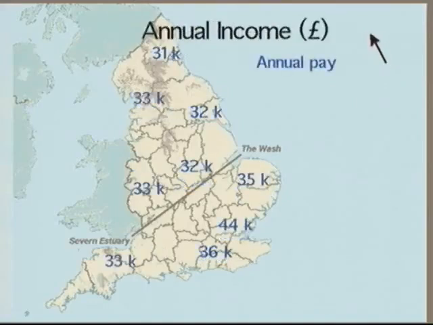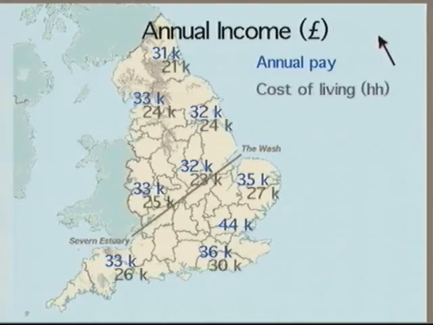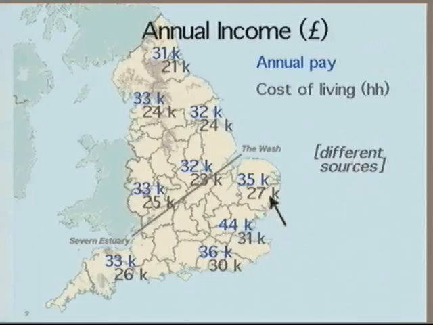So instead of just annual pay, we take into account things like the cost of living per household. Now, note these are different from different sources. This is per household. But if we look at the cost of living, by the way, I think takes into account things like buying a house and so on.